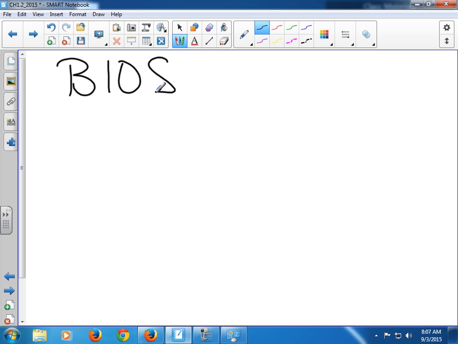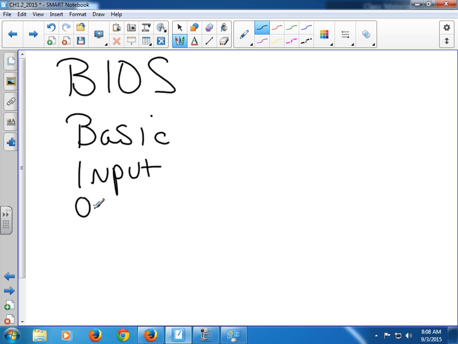And BIOS stands for basic, I didn't make any of these names up, by the way, input output system. BIOS is a program that runs, it starts the post-test, and then it does some other stuff for us.